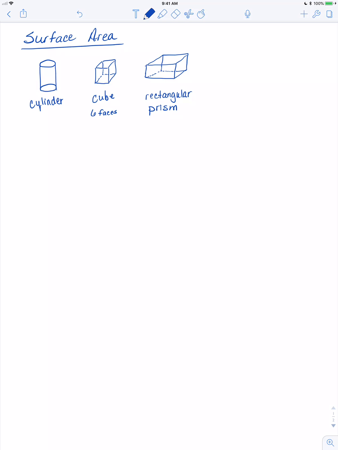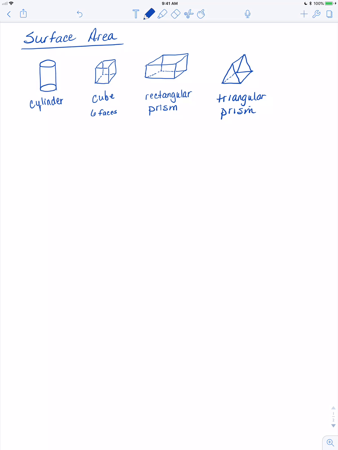Then we can have, let's see, a triangle. And that's a triangular prism. And so just notice that we've got these base shapes.